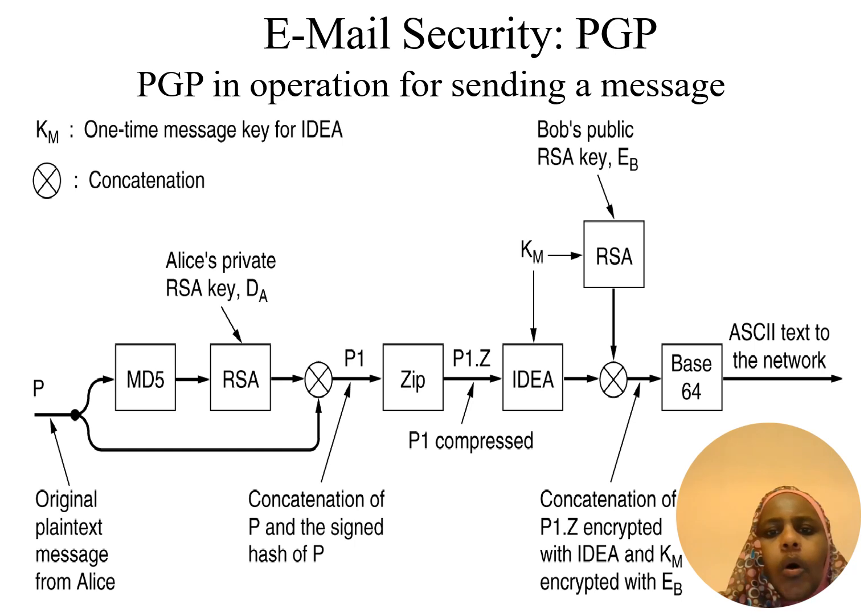And then the compressed text is run through IDEA to produce a ciphertext, along with the key that is encrypted using RSA. All are concatenated together and run through a base64 encoder to generate an ASCII stream to the other network.